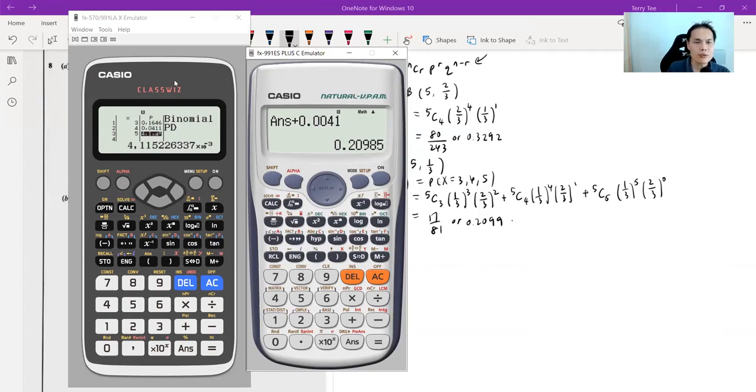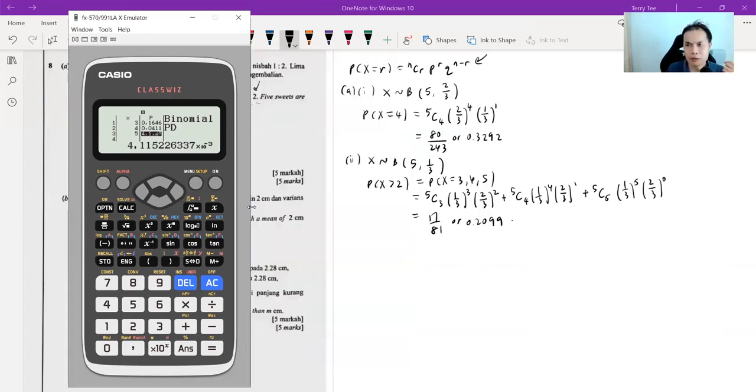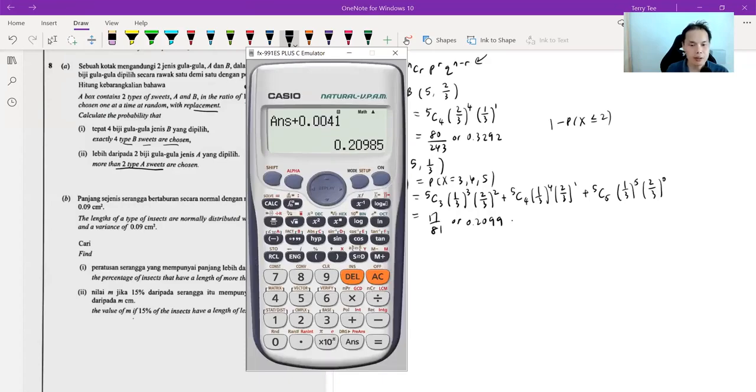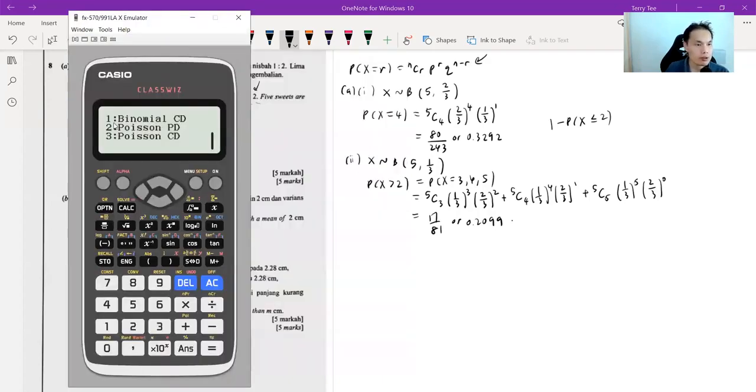Or we can use the cumulative distribution. Press menu, go to 7, move down to binomial CD. Binomial CD simply means you add up to a value. For example, if I want more than 2, you need to think 1 minus up to 2. Up to 2 means less than or equal to 2, because we want 3, 4, 5. I take 1 minus 0, 1, 2. On this calculator, go to number 1, binomial CD, variable 2.